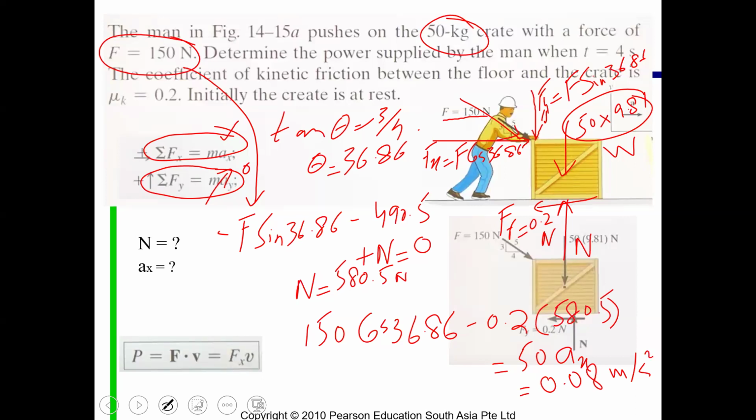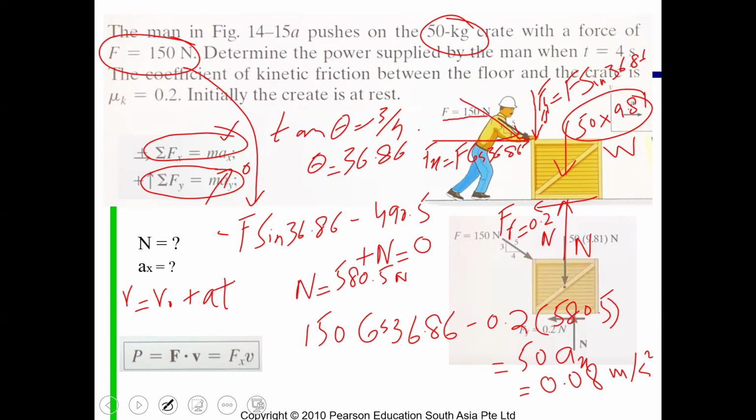Okay, so students, you figured out these two. In order to calculate power, you need the velocity. You know the acceleration, and you can see that this acceleration is a constant value, not a function of something. For velocity, V is equal to V naught plus at. You remember this equation from dynamics.